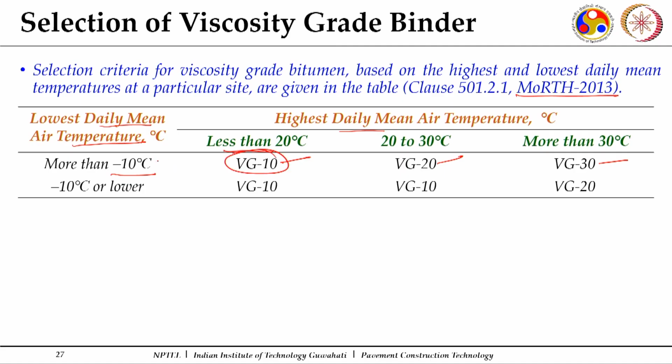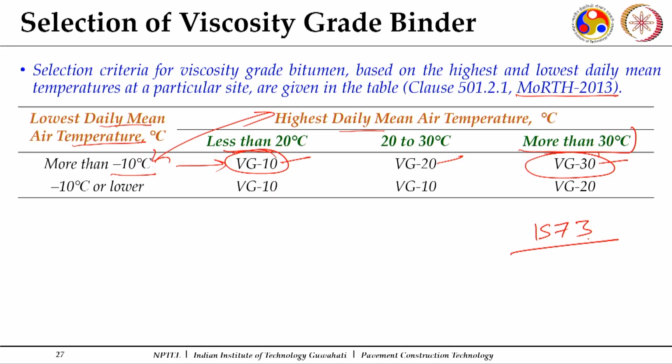So, depending upon the highest daily mean temperature and the lowest daily mean air temperature, you can decide the grade. Similarly, for this particular one, more than 30 degree centigrade and more than minus 10 degree centigrade, you can use VG30. Similarly, it is given for VG10, 20, 30 and 40 in your IS 73 specifications.